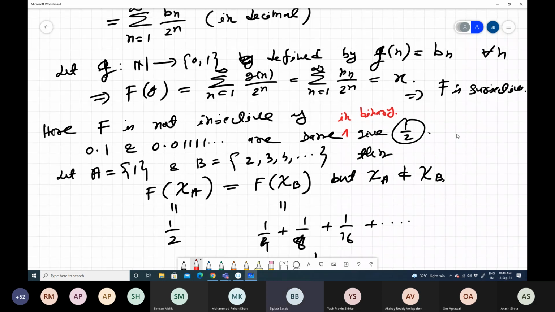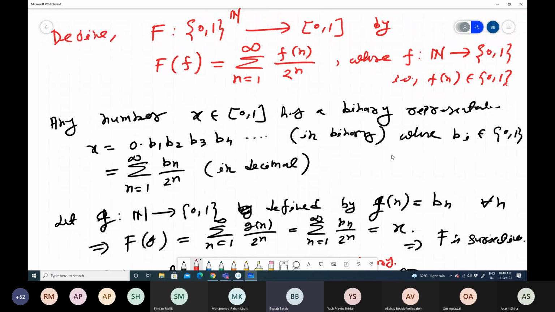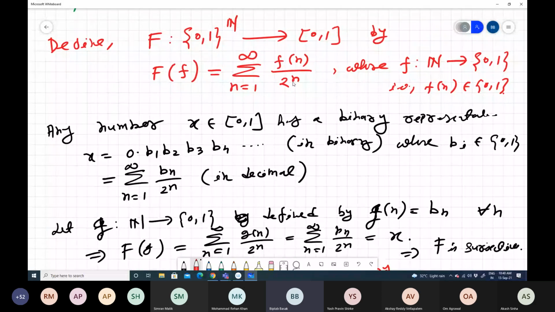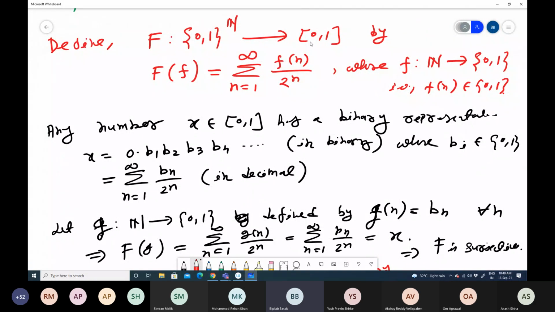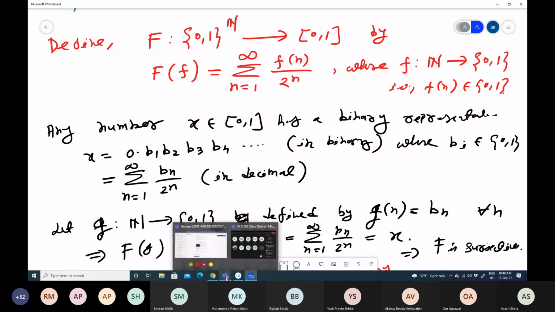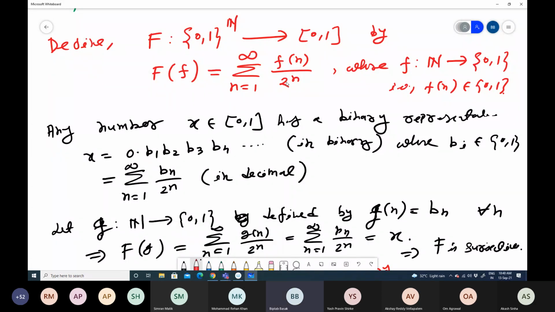Now similarly, can you define an injective function from this to this? So we defined a surjective function. Now can you define an injective function from this to this? Yes. Just replace 2 to the power n by 10 to the power n.